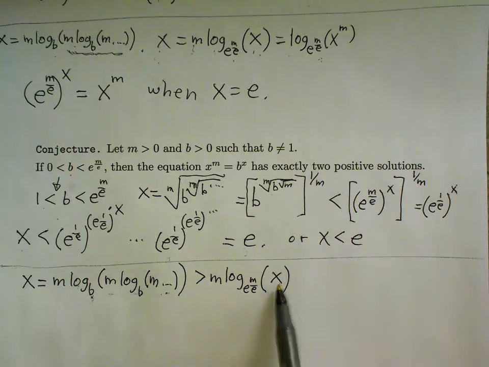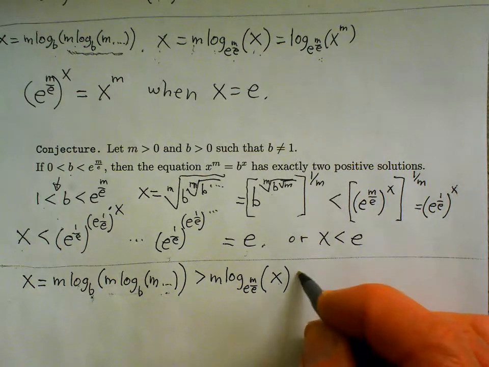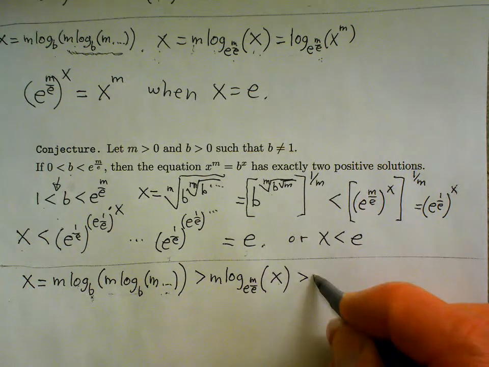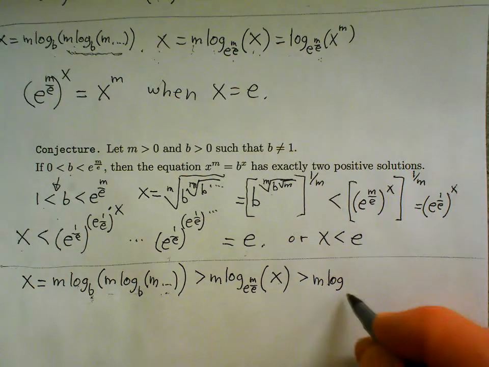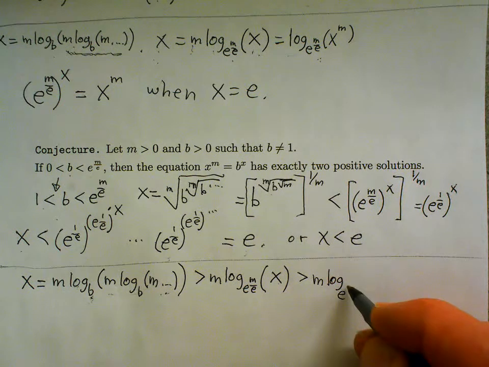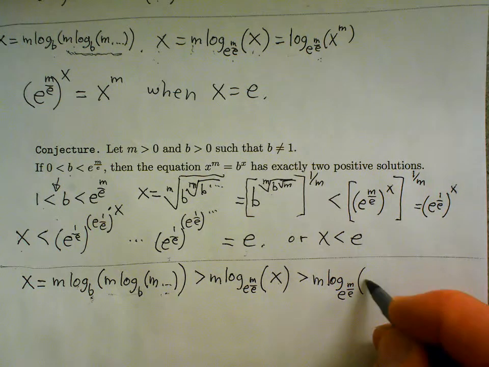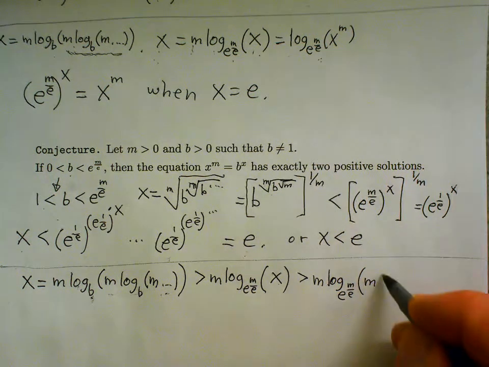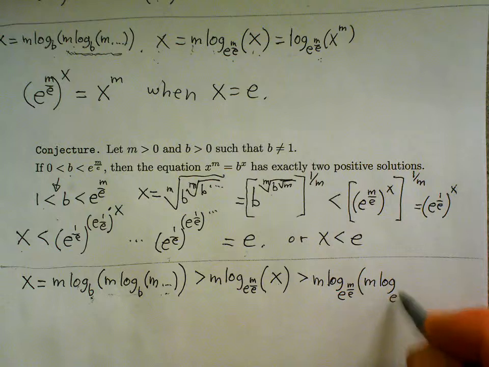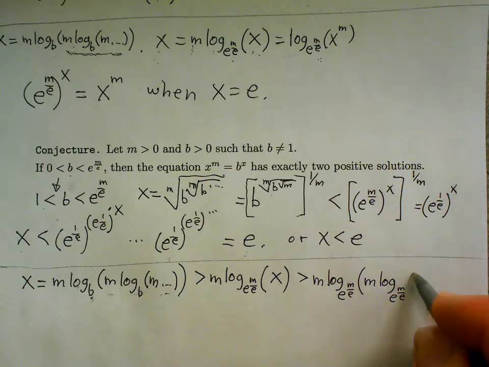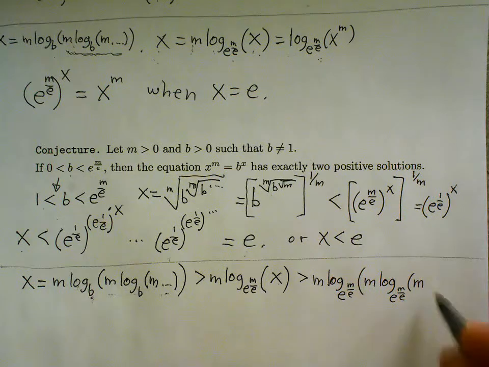But then if we do the same process on this x, then this expression is going to be greater than m times the base e to the m over e logarithm of m times the base e to the m over e logarithm, and so on.